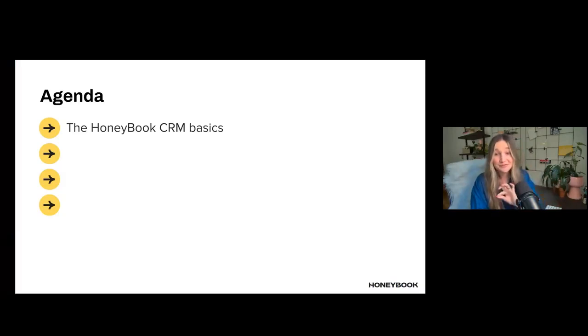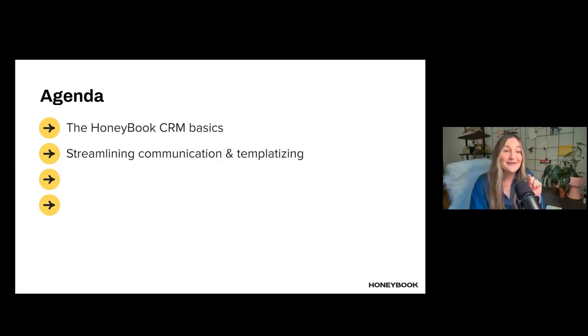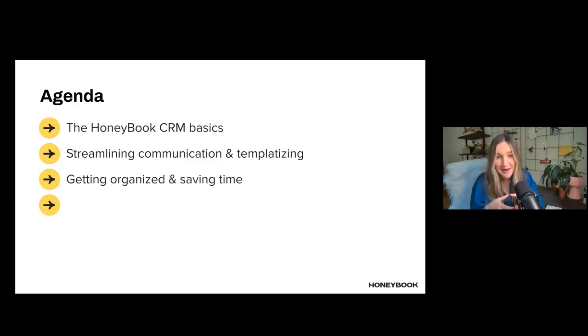Okay, so the way we're going to get there is by covering those HoneyBook CRM basics, like we were just talking about: the difference between project and client, project workspace, clients, contacts, all of that we are actually going to cover in that section. So I love that you threw that in the chat. We're going to go through streamlining communication and templatizing. This is a huge aspect of CRM, right? This is how we get our time back, which leads us to the next piece, getting organized and saving time. This is the beating heart of a CRM, right?